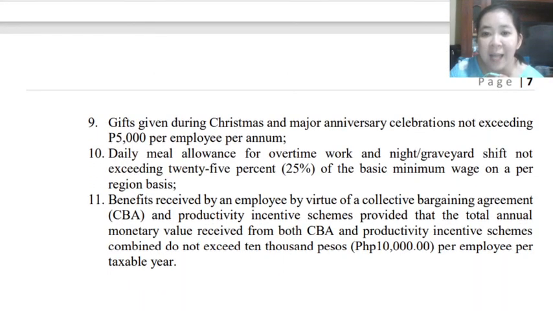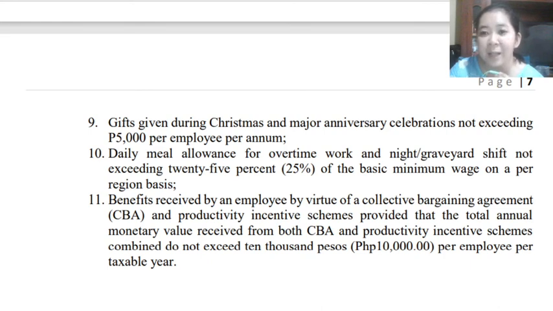Number 9, gifts given during Christmas and major anniversary celebrations not exceeding 5,000 per employee per year. Okay, so number 10, daily meal allowance for overtime work and night shift, but it should not exceed 25% of the basic minimum wage.